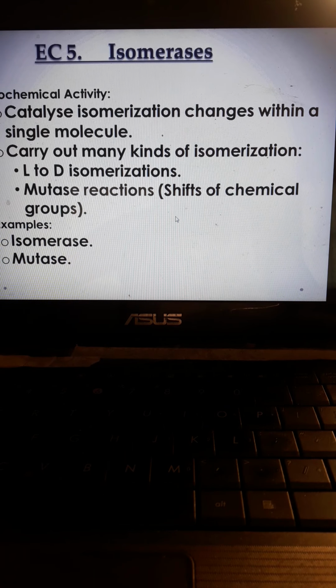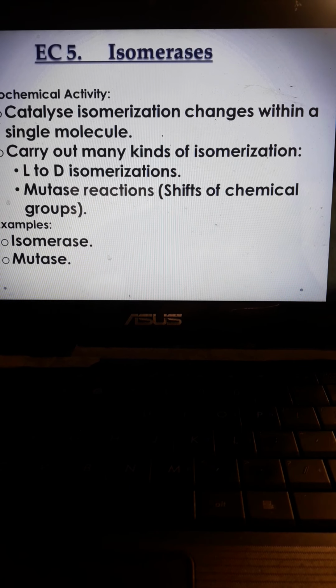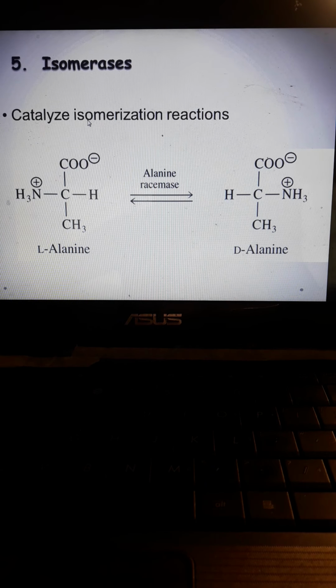Isomerases, again, catalyze isomerization, as we have discussed. They can isomerize into L and D forms. Mutase reactions shift chemical groups. Examples are isomerase and mutase. For example, L-alanine is converted to D-alanine.